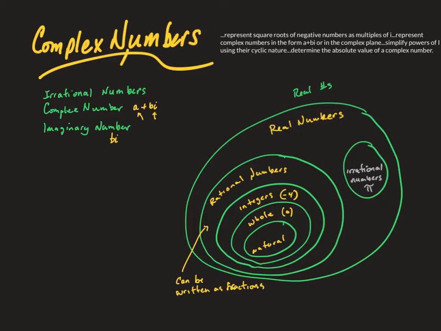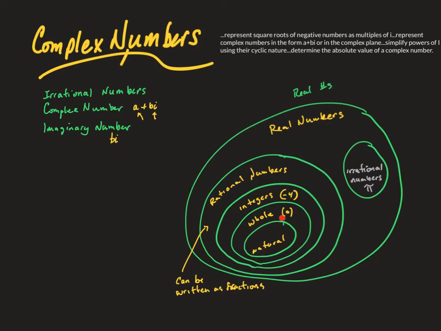Okay, so irrational numbers. Let's start there. If you recall, we have a real number system, and in our real numbers we had rational numbers, which we covered pretty extensively up until now. You have your natural numbers, which are your counting numbers, 1 and up.